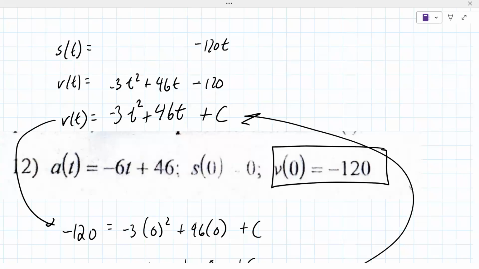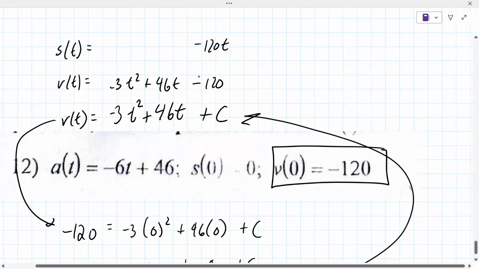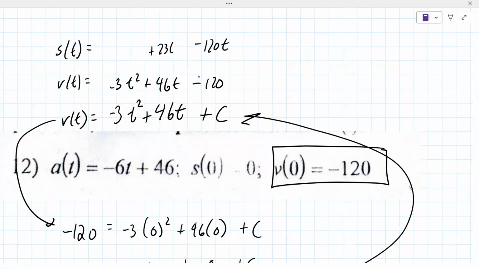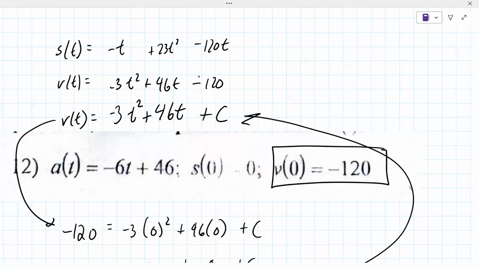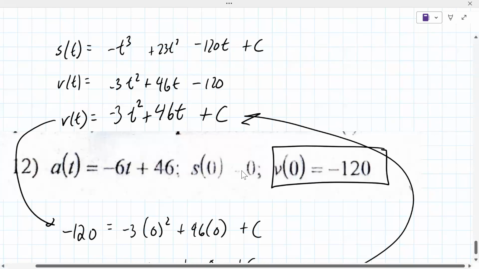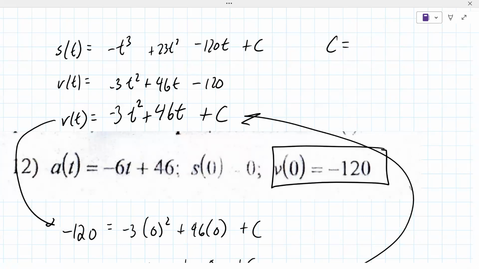Okay, and do the same thing for the 46. 23t squared. And then how about for the minus 3t squared? Would it be negative t to the third? Yes. All right. Plus C. And this time it says S of 0 equals 0, so you'll find that C ends up equaling 0.